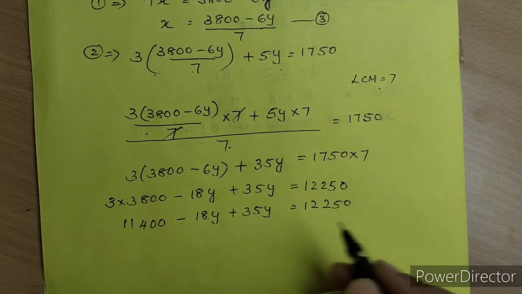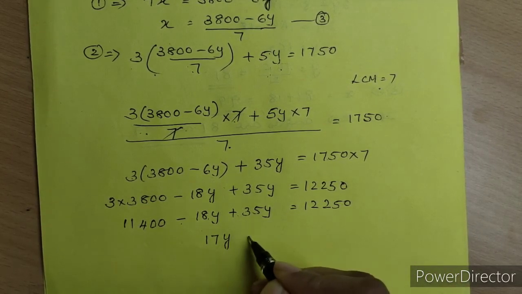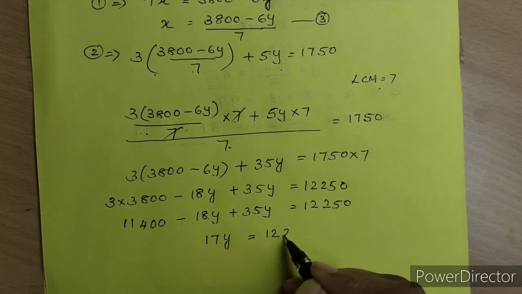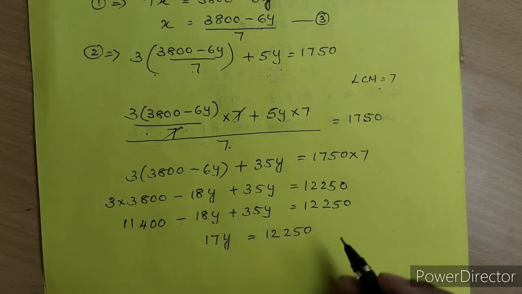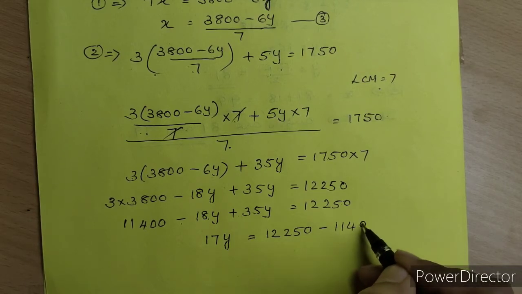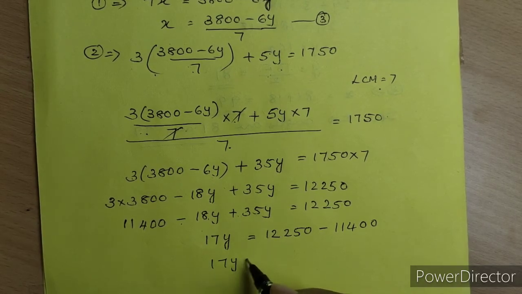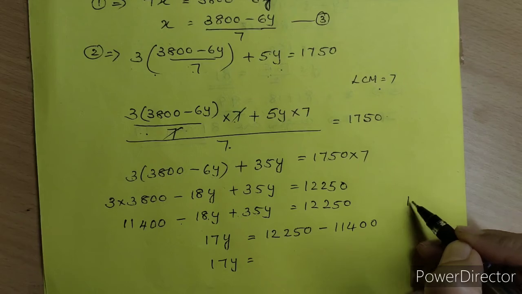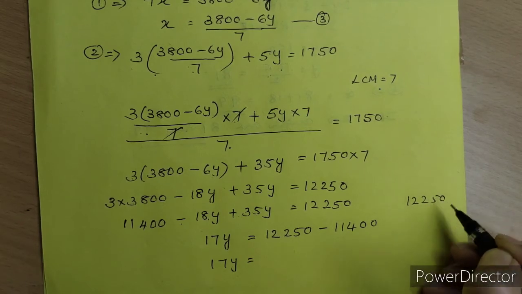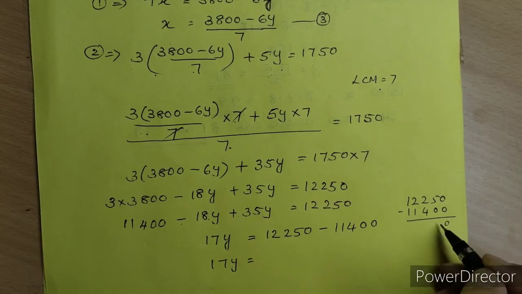So positive 35 minus 18 is 17y equals 12,250. This 11,400 is positive, so it will come to this side as negative. So 17y is equal to 12,250 minus 11,400.